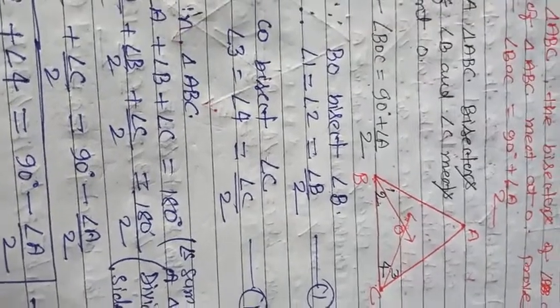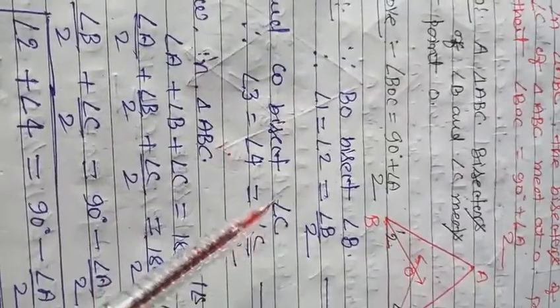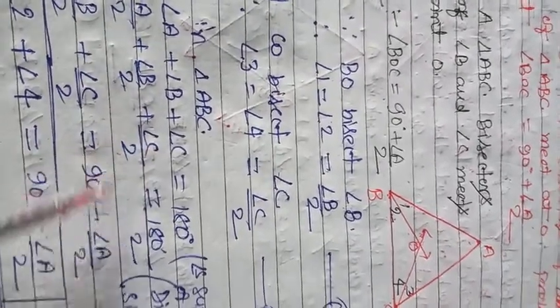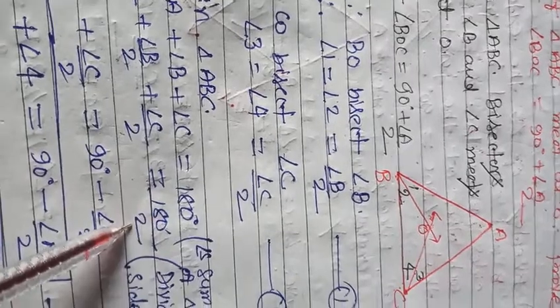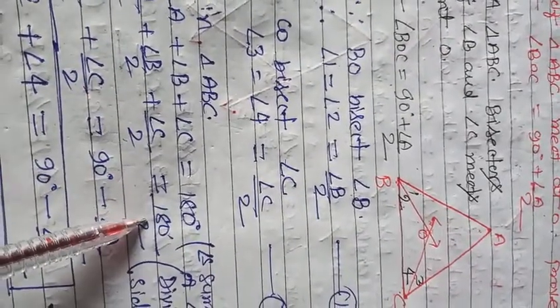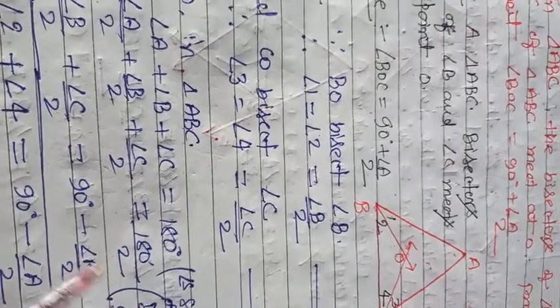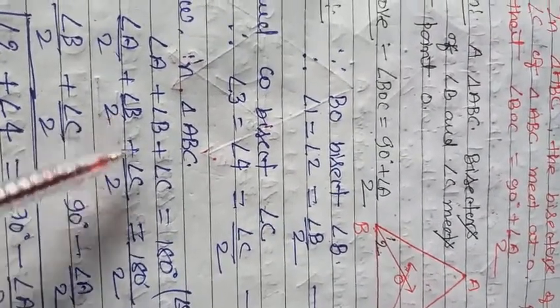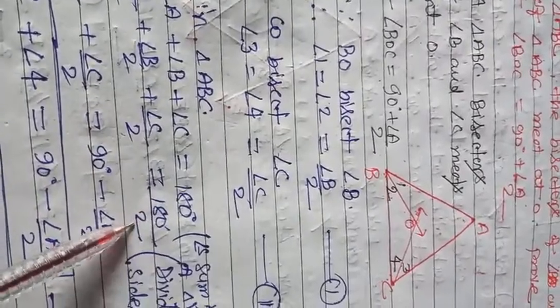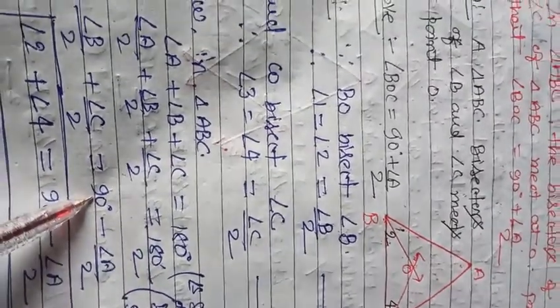Clear? Now angle A by 2 plus angle B by 2 plus angle C by 2 is equal to 180 by 2. Why? Because dividing LHS and RHS by 2. 180 divided by 2, then the result is 90.